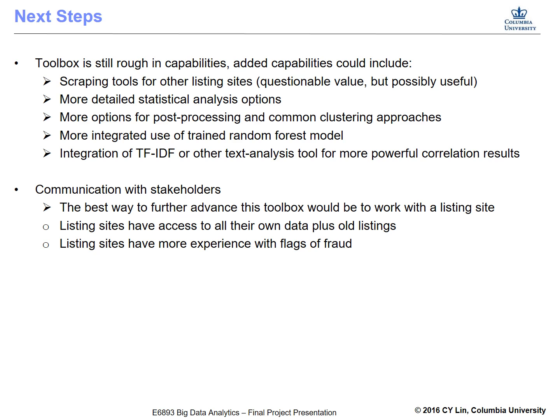And the listing sites also probably have a lot more experience with what things might be signs of fraud. So that falsification function I mentioned earlier for the random forest algorithm would be a lot more accurate having input from a listing site, or even from, say, an FBI officer whose specialty is tracking down these types of fraud.